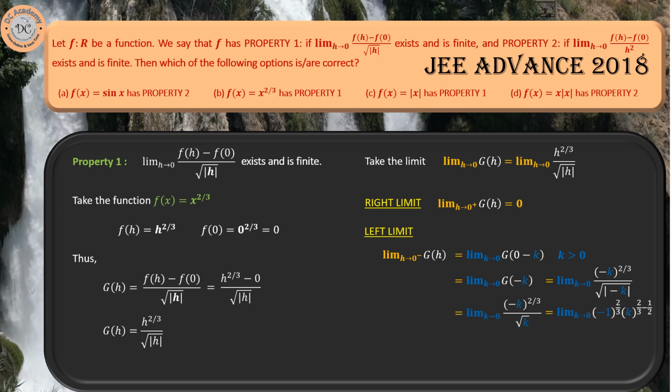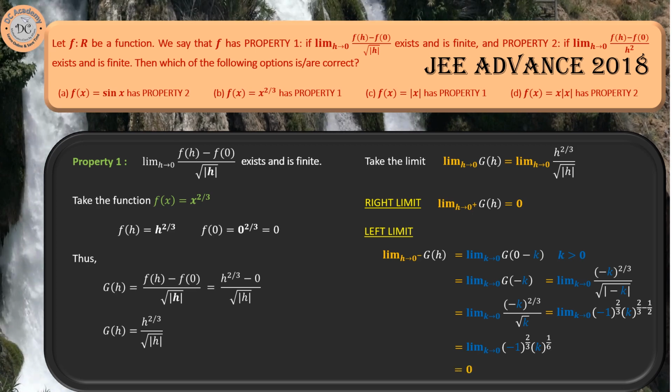So here we rewrite it as (minus 1) whole to the power 2 by 3 times k to the power 1 by 6. And if I apply the limit now, by default it will be 0, because whatever the (minus 1) whole to the power 2 by 3 is, complex, real, whatever, if we multiply it by 0, it will always be 0, right? So that's why for this particular case, the left limit also became 0.